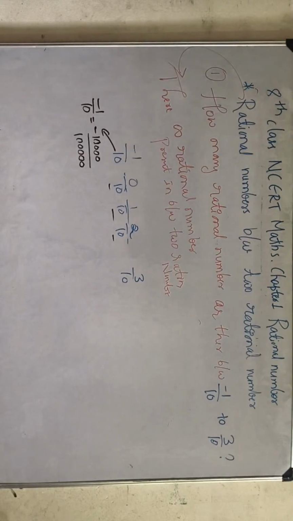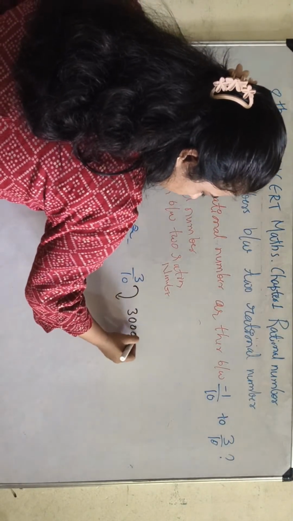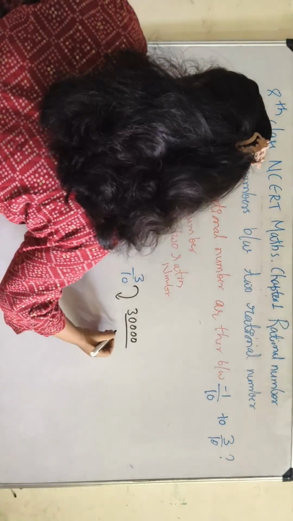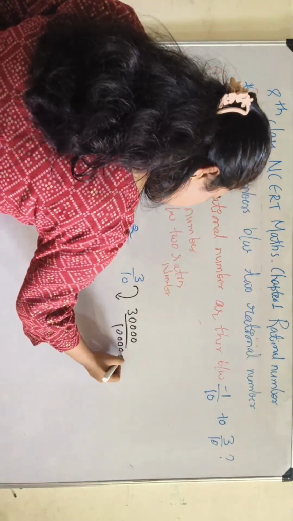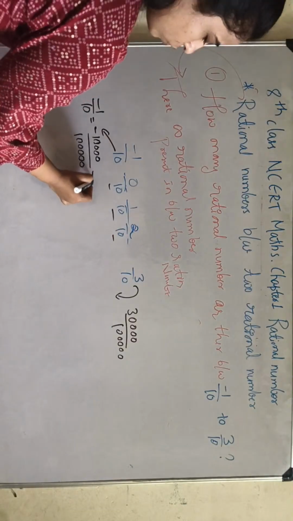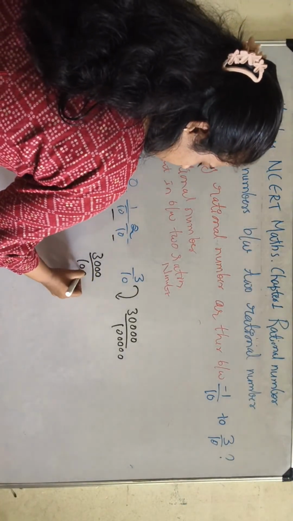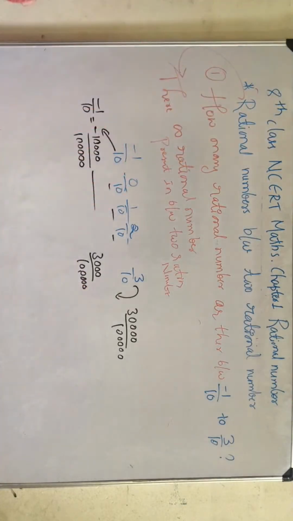So what if I wrote this minus 1 upon 10 in this form, and this 3 by 10 in this form? Then are you able to count in between these two? 3000 divided by how much is it? 1 lakh.